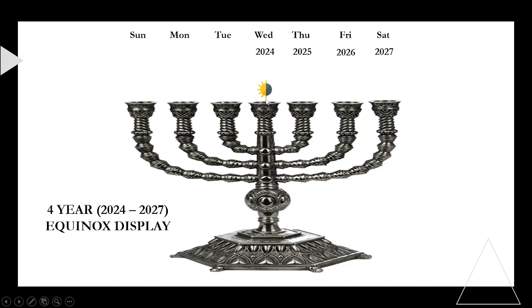This is my illustration of a spring equinox when it is the equal day and equal night. Equal day, equal night. So in 2024, the spring equinox is on a Wednesday.